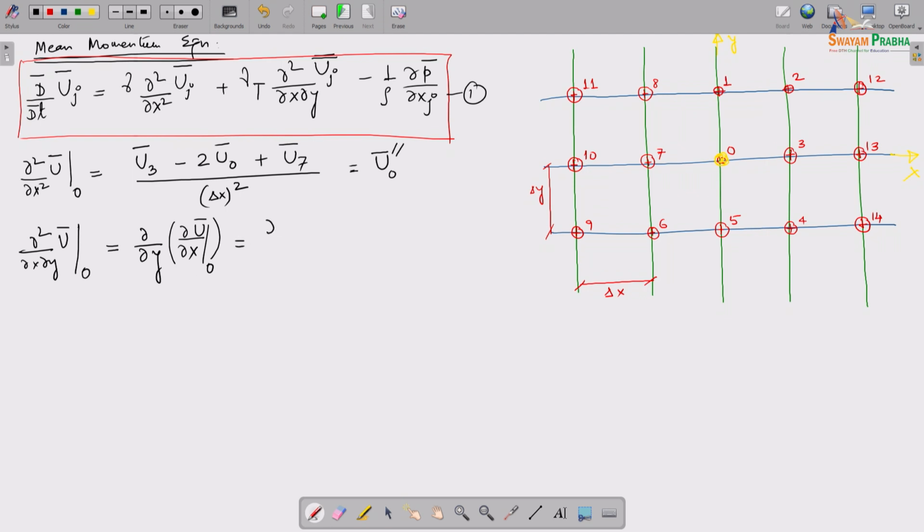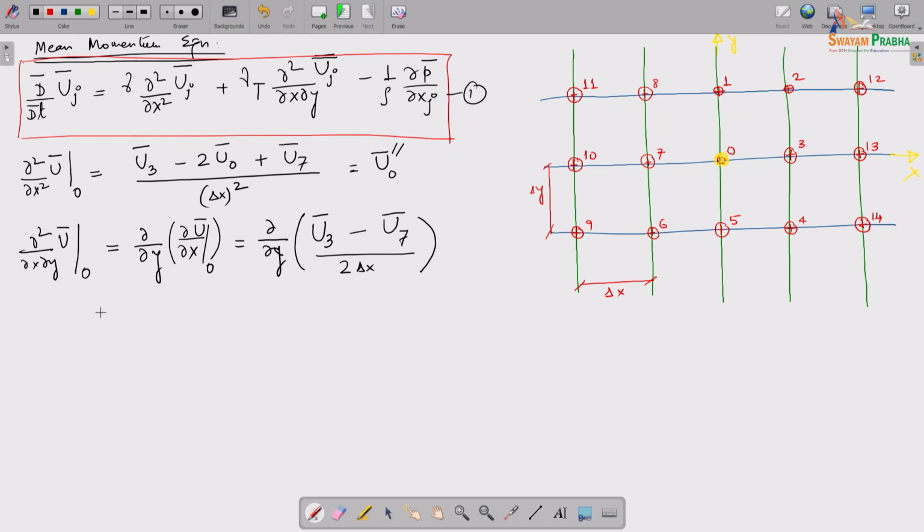Now, the first order derivative of the mean velocity at this location in the x direction: if I use the central difference formula, it is going to be the function value at a location which is ahead of it minus the function value at a location which is behind it, by 2 delta x.